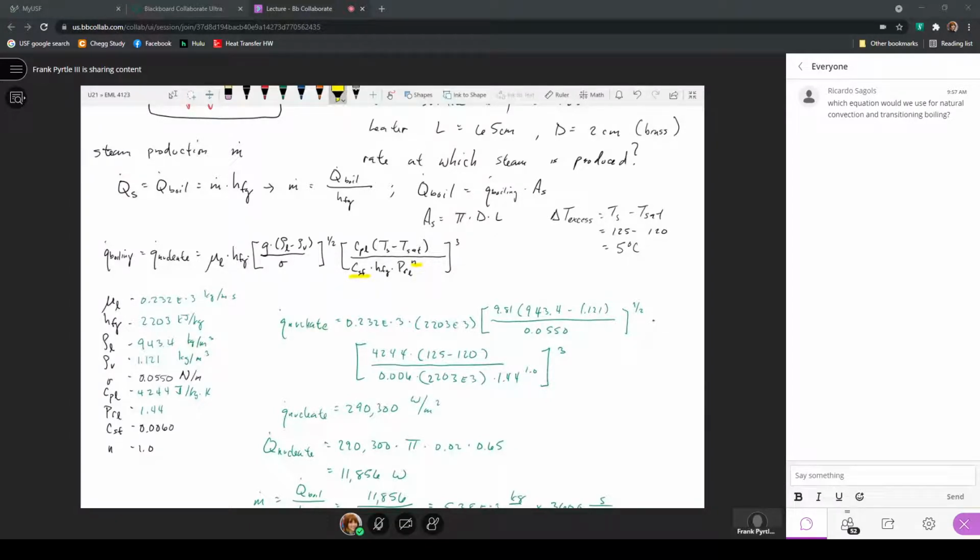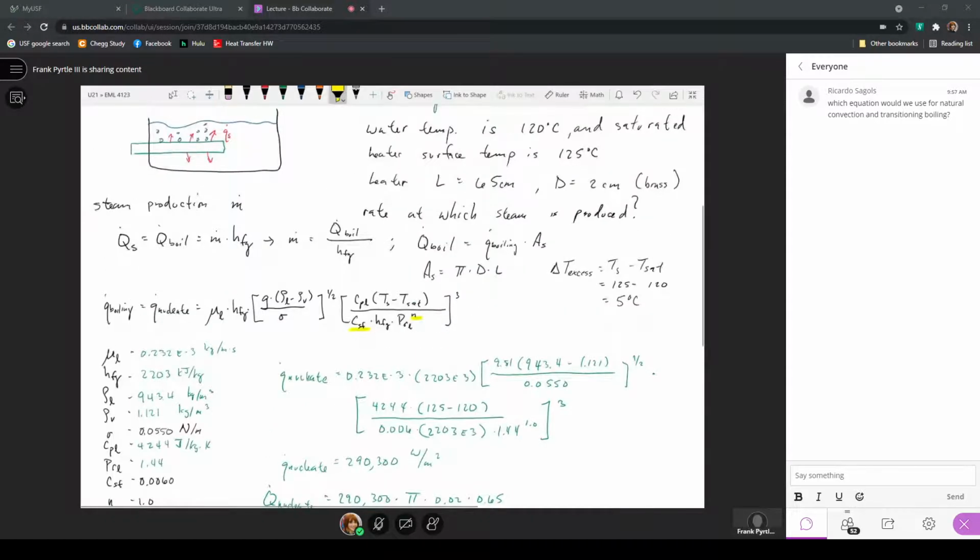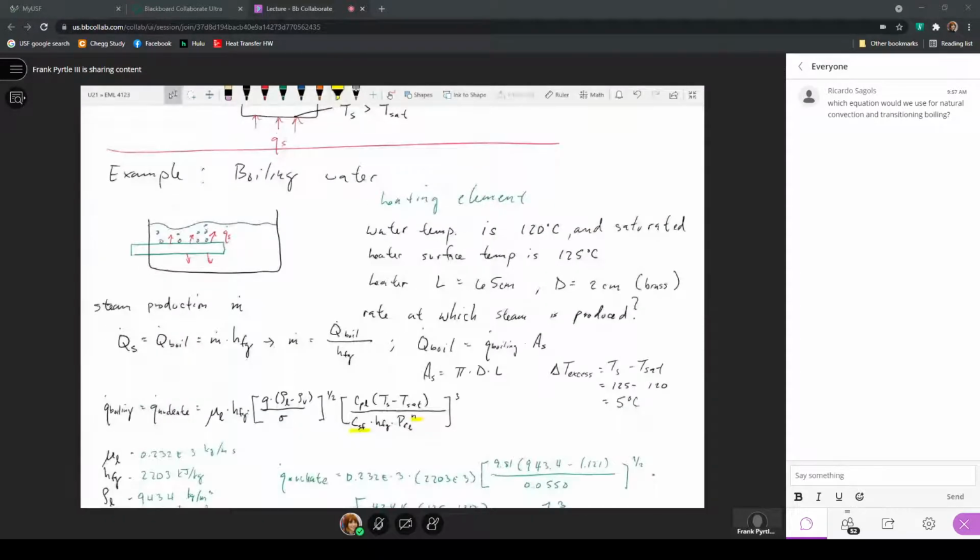Now, if I change the saturation temperature, let's say I wanted to boil the water at 100 degrees, so just at atmospheric pressure rather than at the elevated pressure that will be required to get the water to boil at 120 degrees.